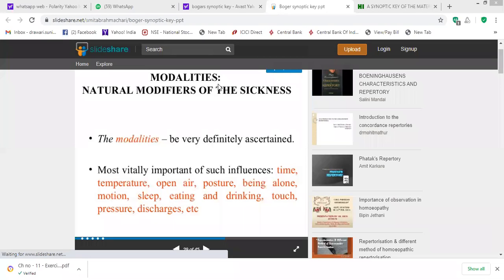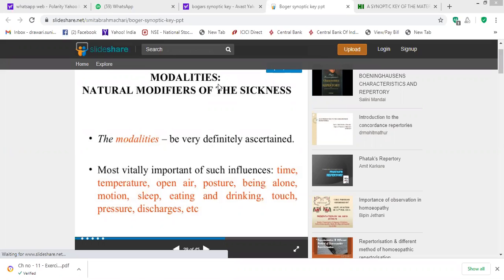In which posture does the patient feel better, or in which posture do the symptoms aggravate? Does he like to be alone, or does he want company? Does motion make the patient feel better or not?